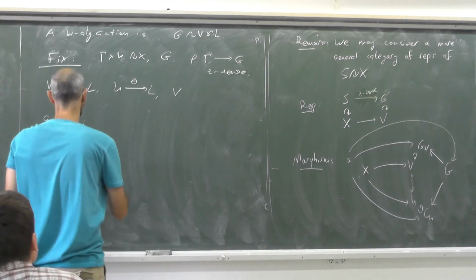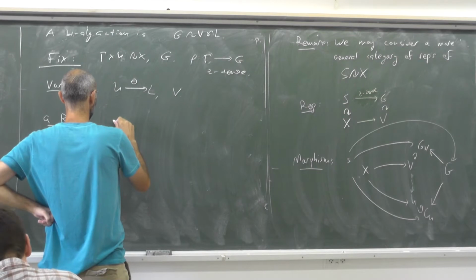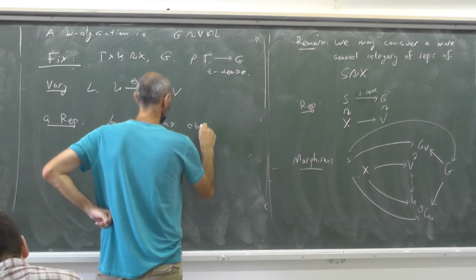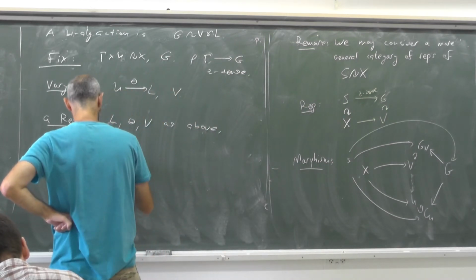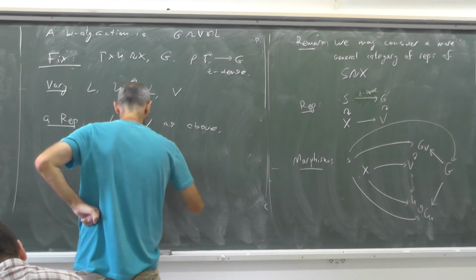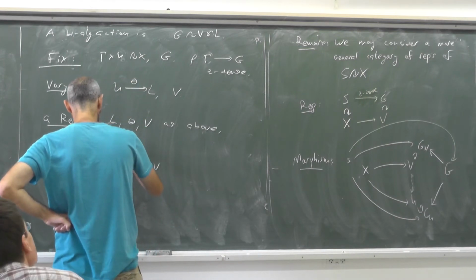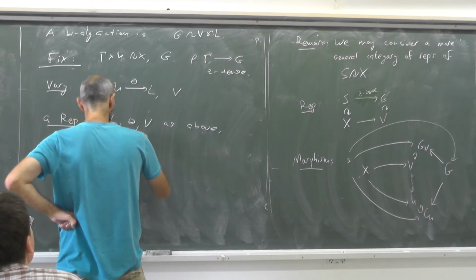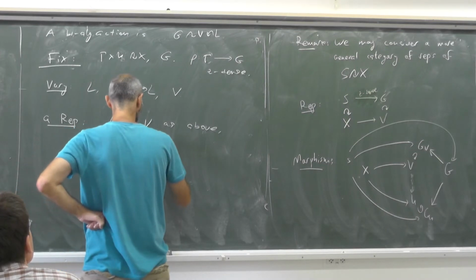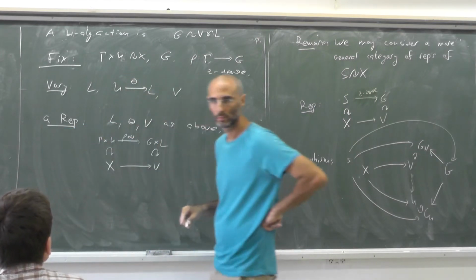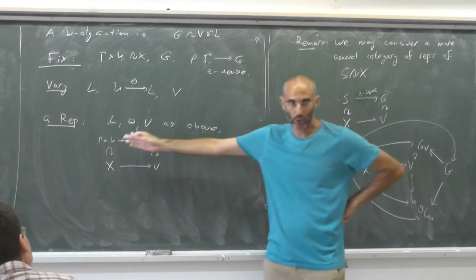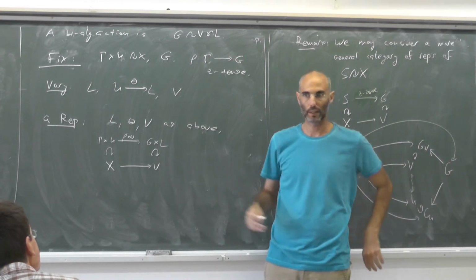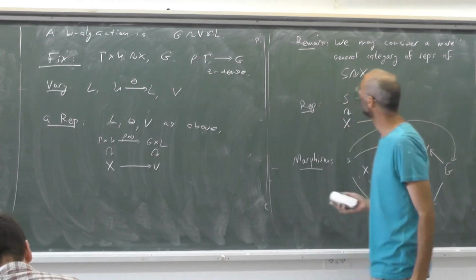A representation: L, theta, V as above, and the map from X to V, which is, well, I guess I have here gamma times U, rho times theta, to G times X. So I'm considering bi-actions, and I'm kind of fixing half of the data and letting loose the other.